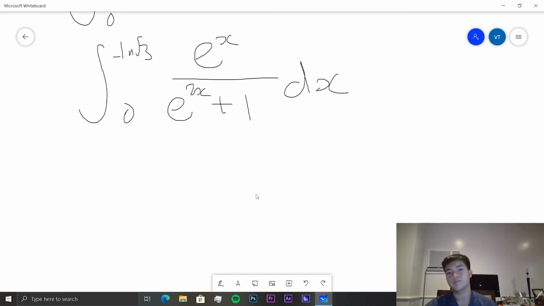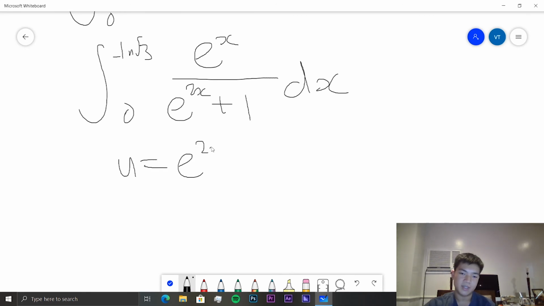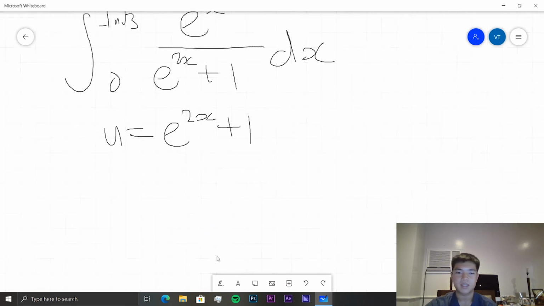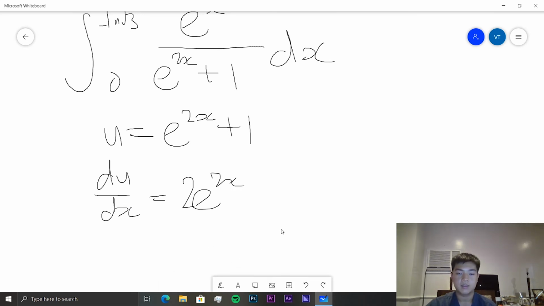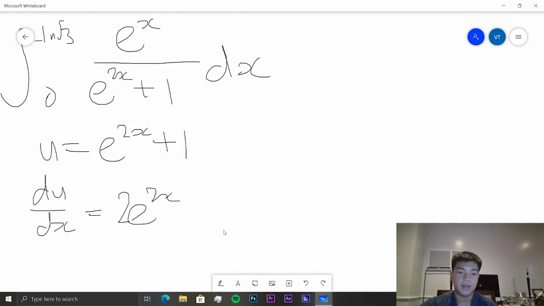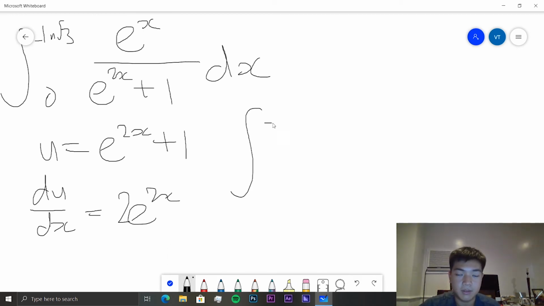And then an appropriate substitution would be, I guess, u is equal to e to the 2x plus 1. It's not the nicest substitution. du over dx is equal to 2e to the 2x. Actually, no, we need to convert these bounds. So e to the 0 is 1, plus 1 is 2.